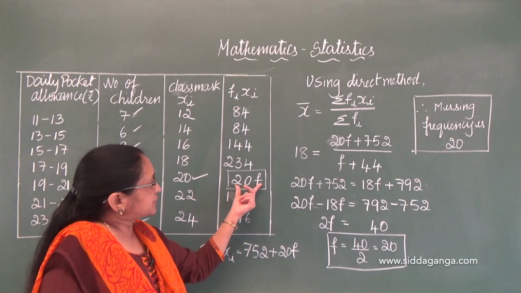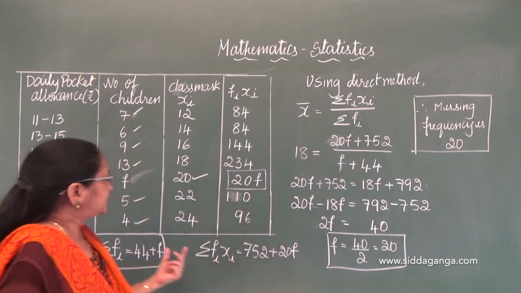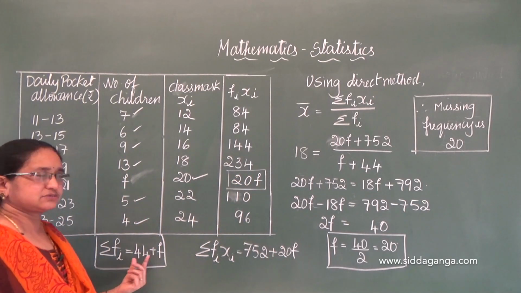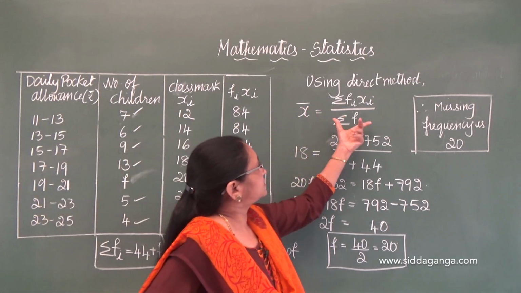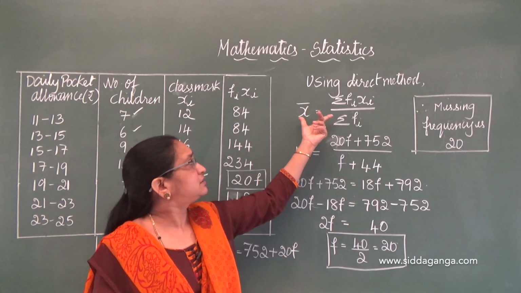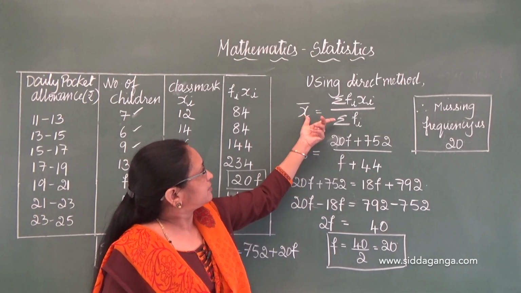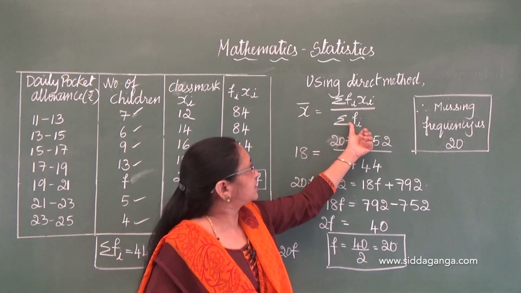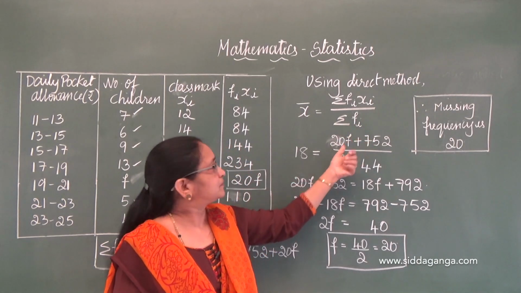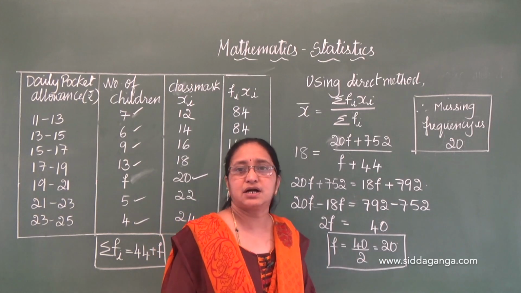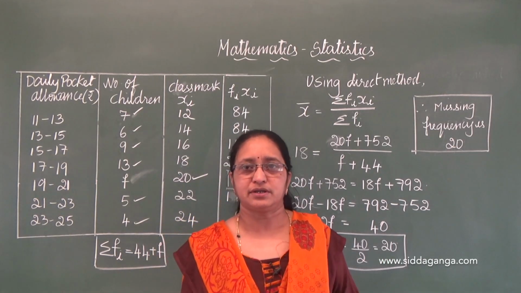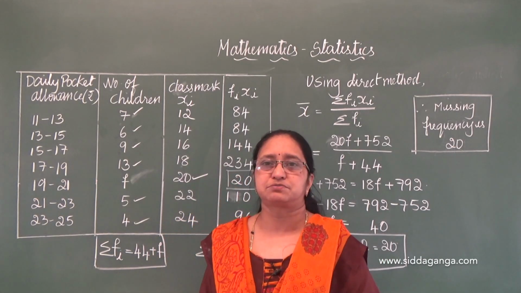Here you keep 20F as it is, and here also F as it is, 44 plus F. Then by applying the formula of the direct method, mean is equal to sigma Fi Xi divided by sigma Fi, and substituting the values, finally you will get the answer 20. Okay, I hope you understood this part.